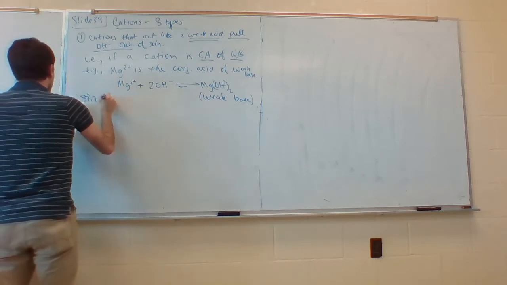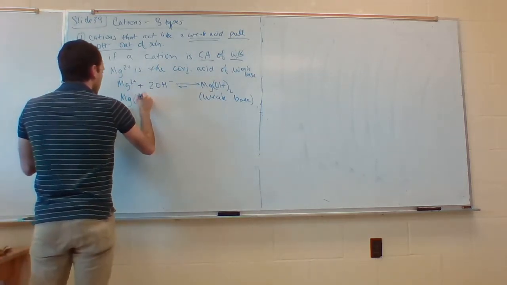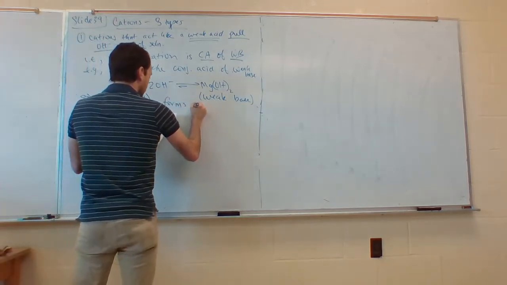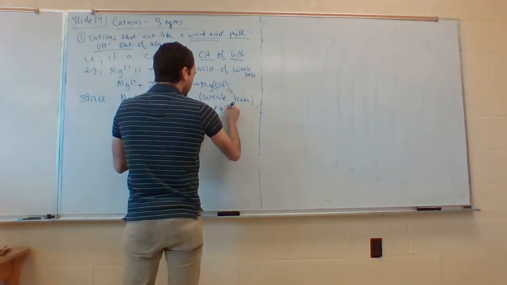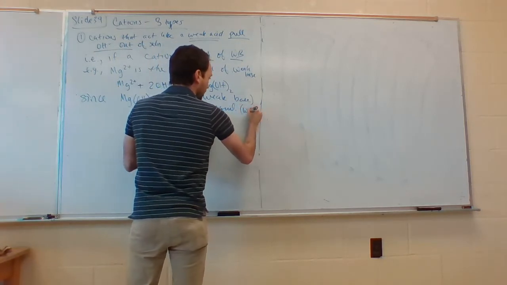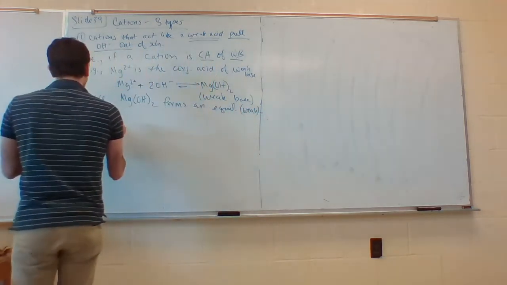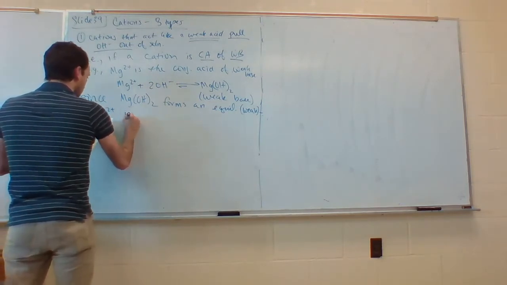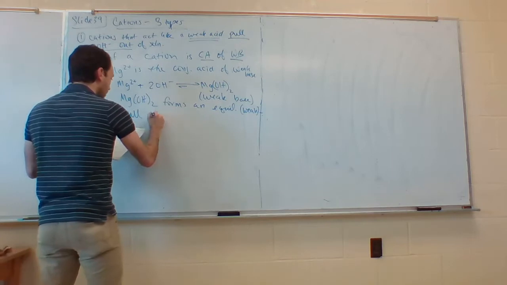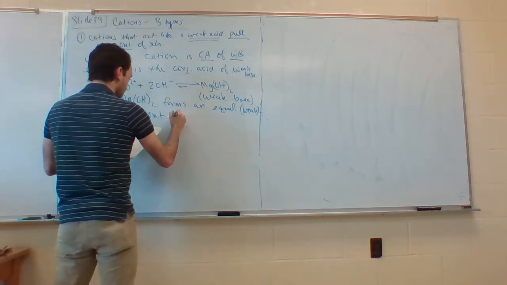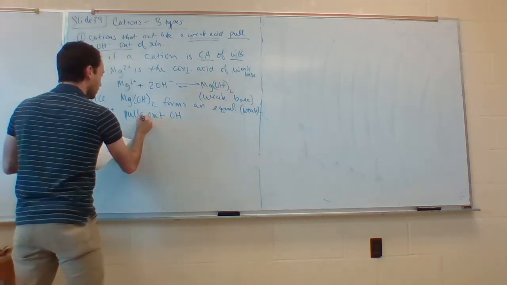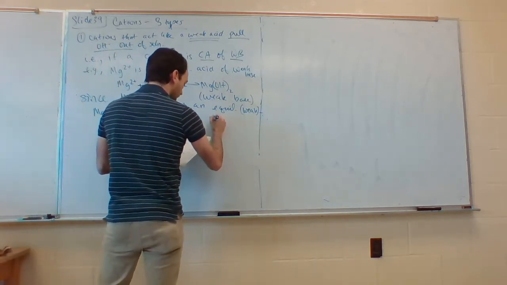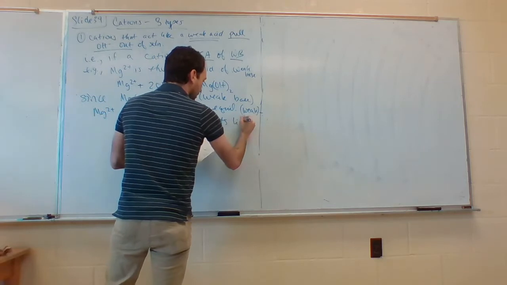Now, since Mg(OH)2 forms an equilibrium because it's weak, that means that Mg2 plus is capable of pulling out the OH minus and therefore acts like an acid.